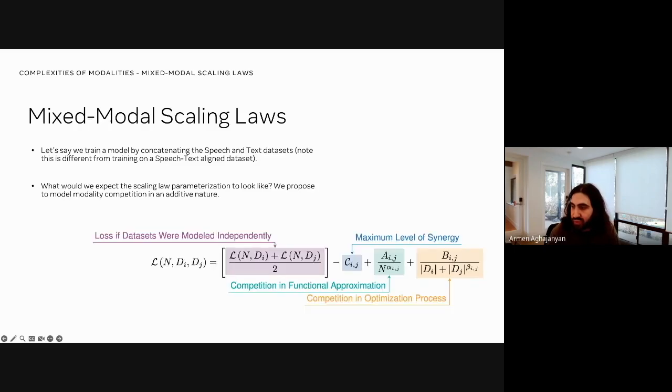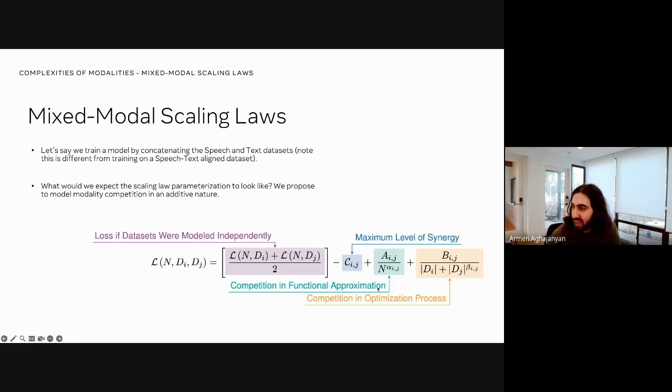And so what we propose is to model this in an additive nature, in the same way that the Chinchilla scaling laws were proposing. So you have this term, which is the loss if the data sets were modeled completely independently. And then we have this term, which is this maximal level of synergy: what is the most loss that we can reduce when we have knowledge of both?